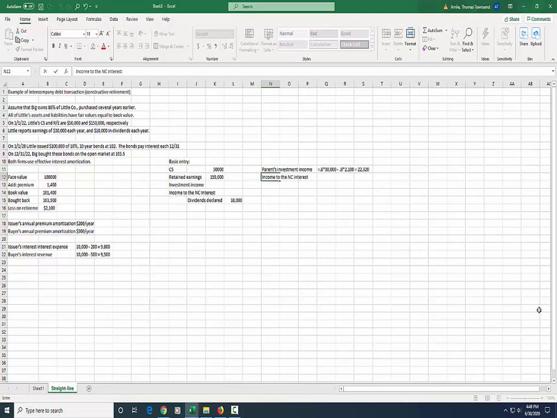We do the same thing for the income to the non-controlling interest. Again, we're going to get their share, 20% of the reported earnings. And then we need to adjust that to account for any unrealized or realized gains and losses. Verbally I get tongue-tied here sometimes, because in the previous two lessons, when we had intercompany inventory transactions and intercompany fixed asset transactions, we had an unrealized gain or loss that had to be removed.